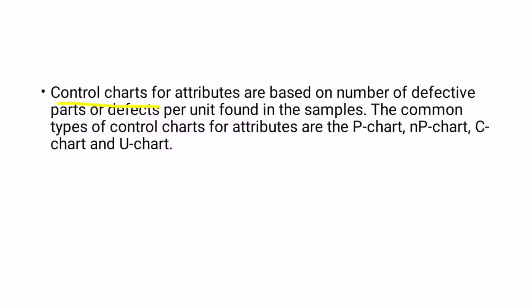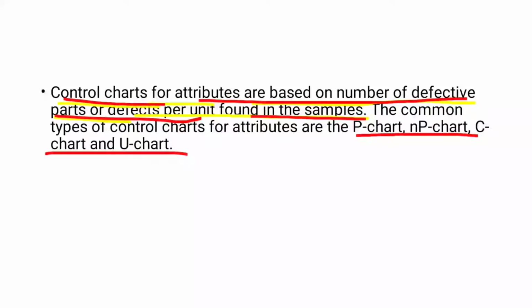Control charts for attributes are used for the number of defective parts or defects per unit found in the sample. The common types of control charts for attributes are P chart, NP chart, C chart and U chart, as we have discussed in the diagram of the types of control charts.